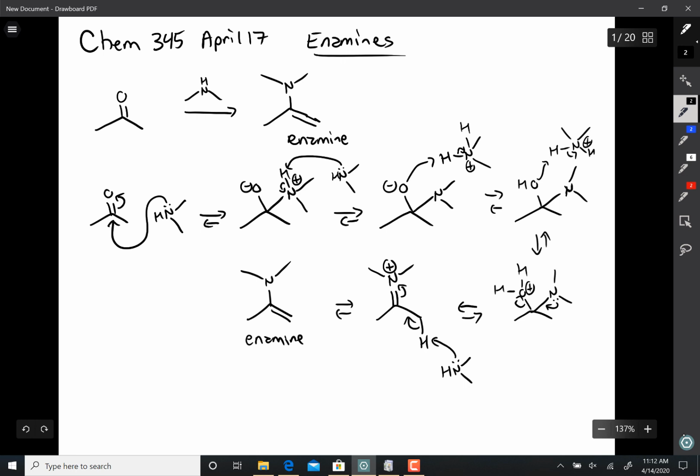Now, this enamine formation reaction is a reversible reaction. So if you have an enamine and add water to this reaction, the reverse occurs. You end up with a carbonyl and an amine.